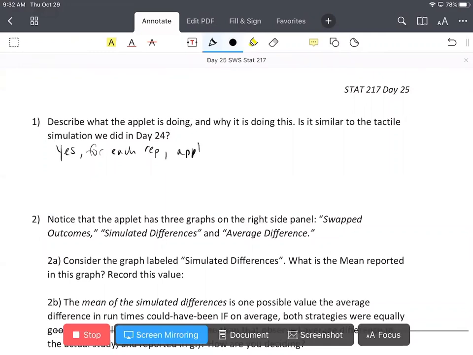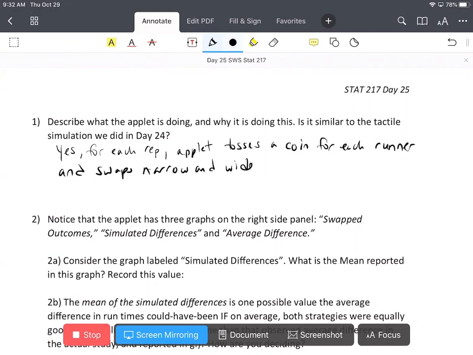For each repetition, the applet tosses a coin for each runner and swaps narrow and wide the run times if it's heads, and keeps it the same if tails.